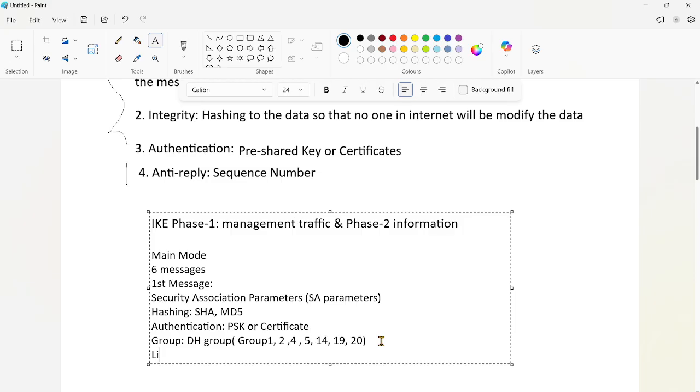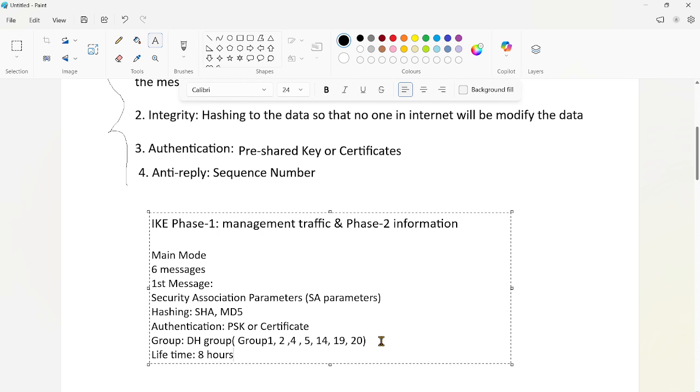After the group, we have a lifetime. This is mainly for the tunnel lifetime. Like a DHCP lease time, each phase 1 tunnel and phase 2 tunnel has a lifetime. By default we can see 8 hours as the phase 1 tunnel lifetime.